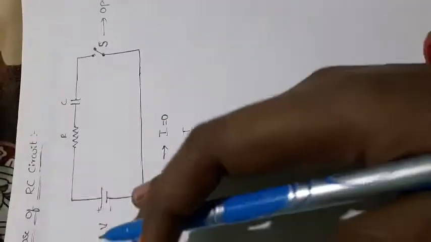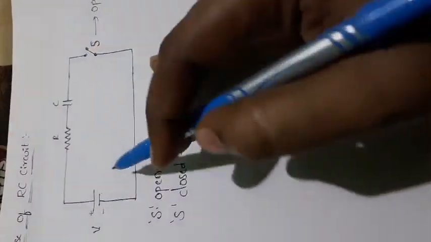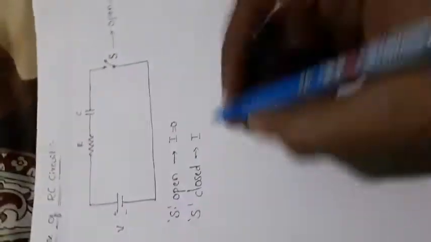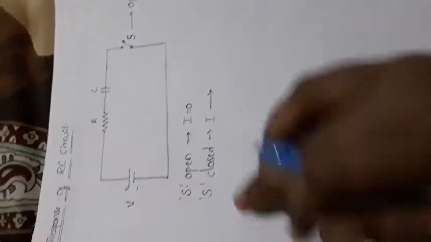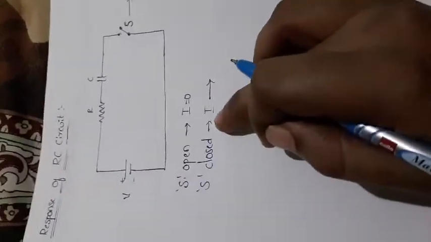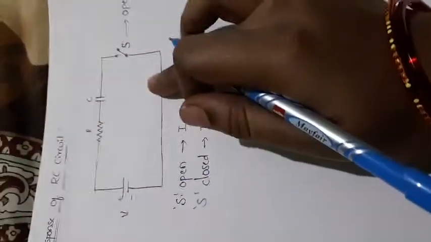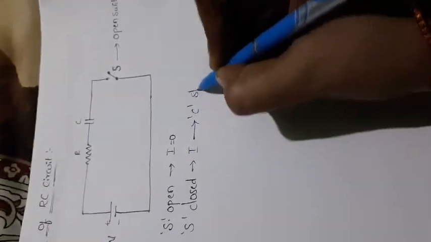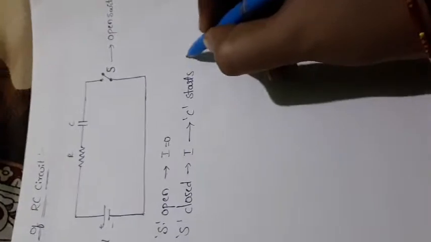Once the circuit is in short circuit, the current will pass through the whole circuit. At that time the capacitor starts charging. Just remember the point: if the switch is closed, the current passes through the circuit, and in this case the capacitor starts the charging process.